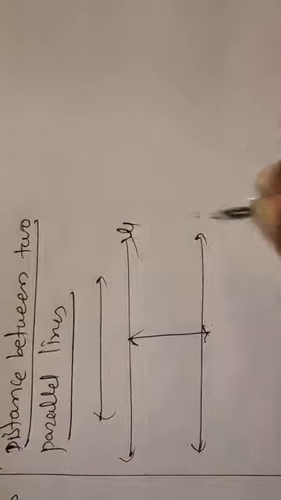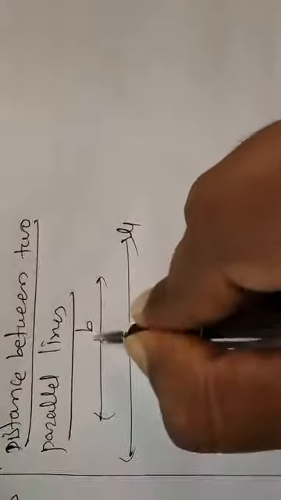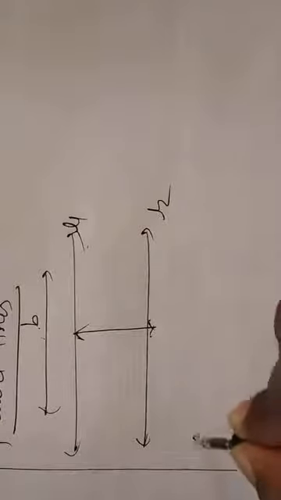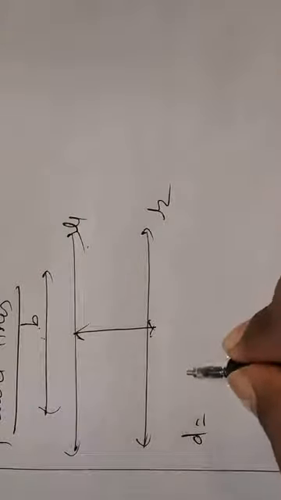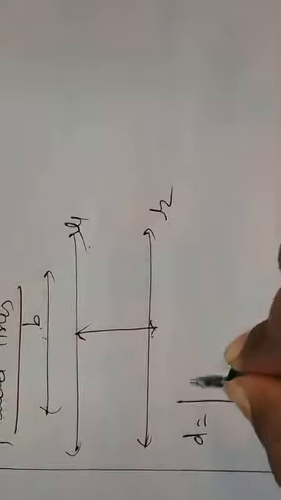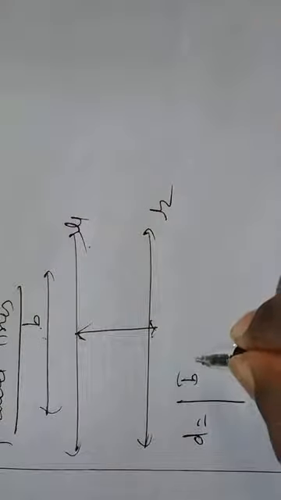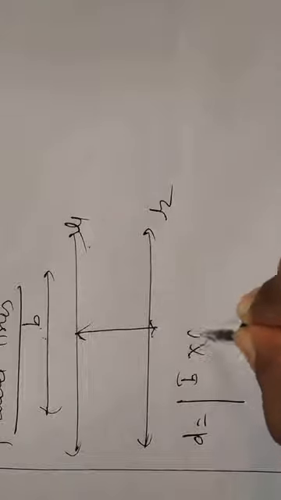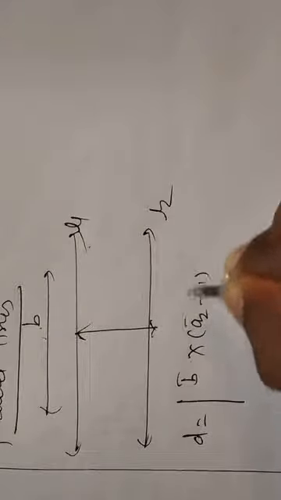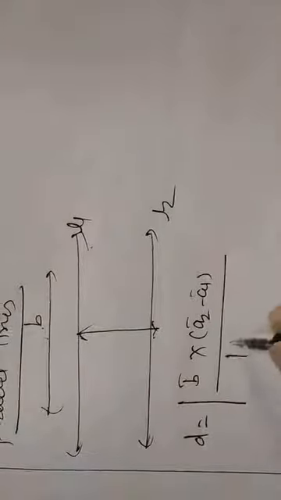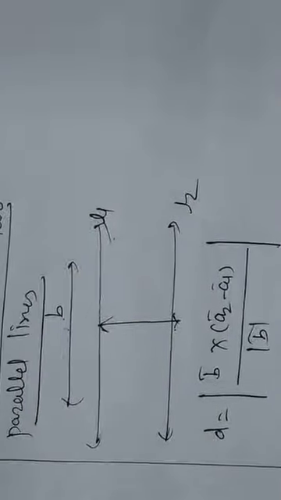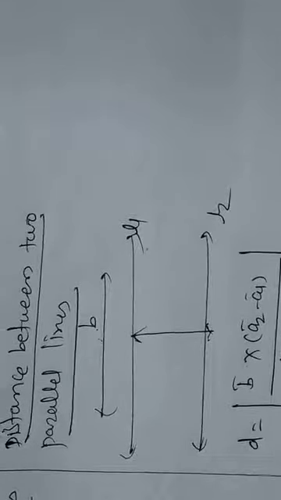If L1 and L2 are the lines and b is the parallel vector for both L1 and L2, the distance formula is the same, but b1 cross b2 changes to b cross (a2 minus a1), upon magnitude of b. This is a very simple formula for the distance between two parallel lines.